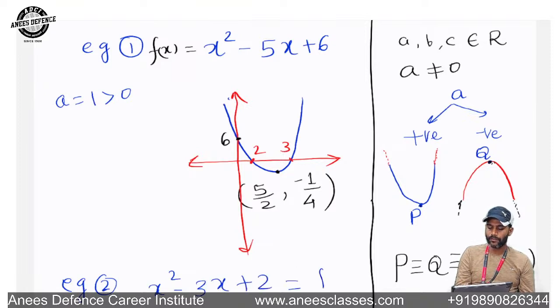That is your f of x. Try to draw the graph. Very easy. x square minus 3x plus 2 is equal to f of x.